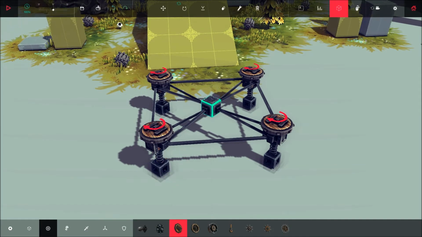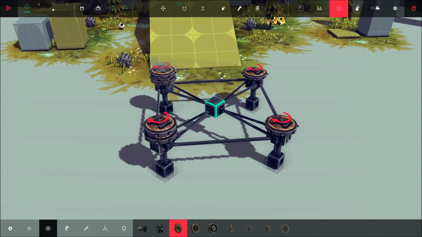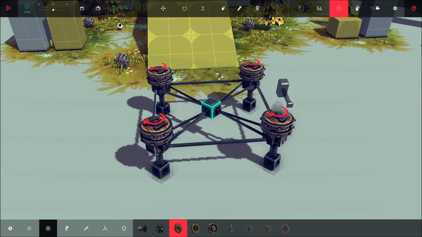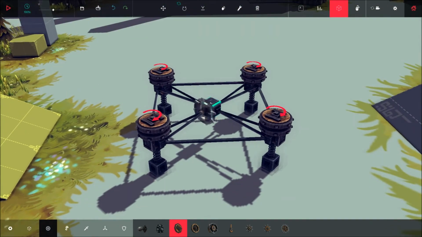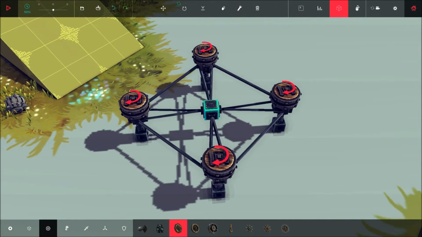So the next layer, for my purposes, is just going to be the forward-back layer, which is your pitch, which basically means it tilts across this axis, and I'll show that in a moment as well.